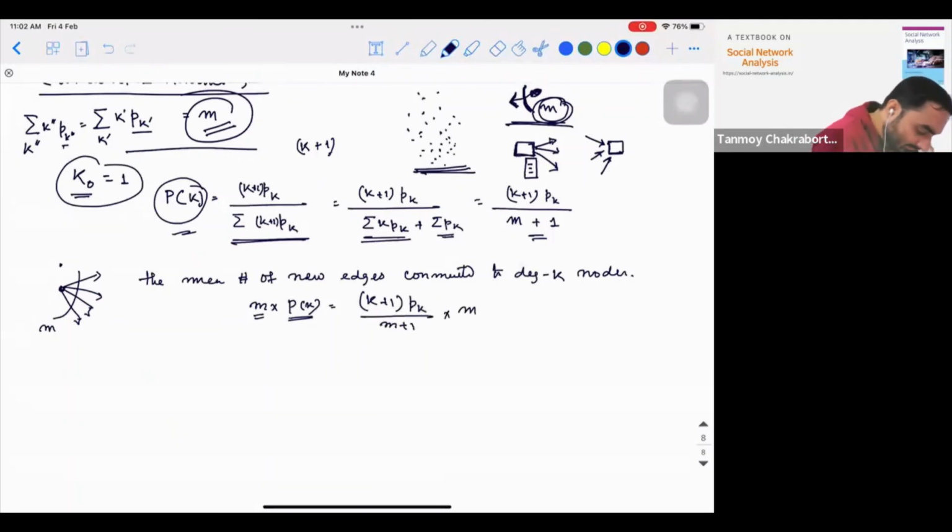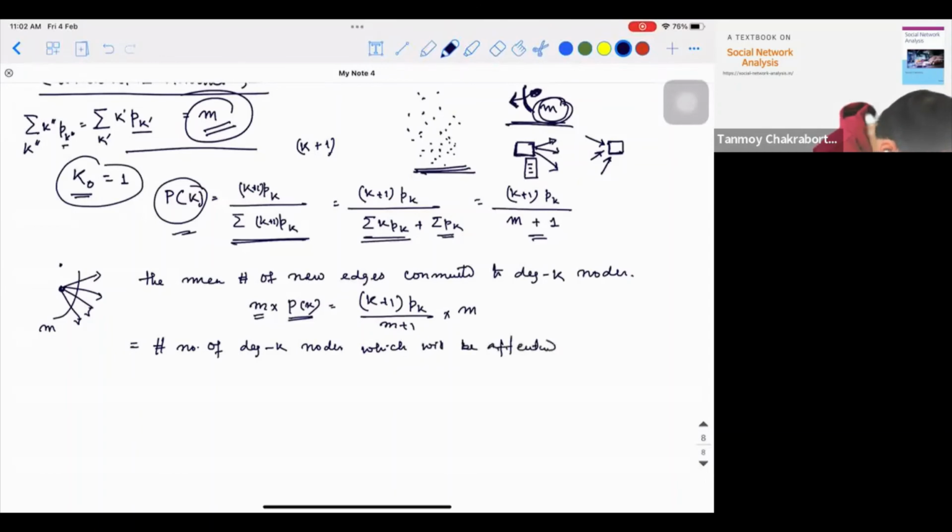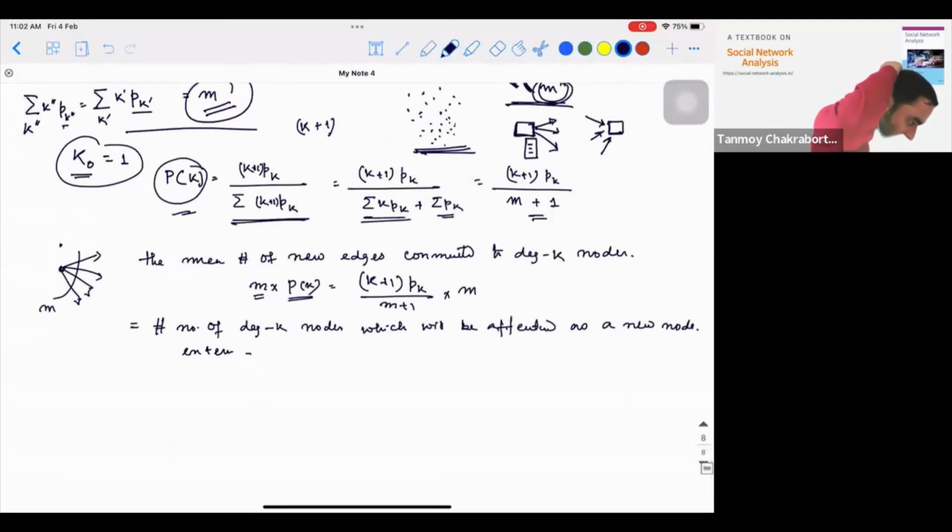So this is the same as the number of degree k nodes which will be affected as a new node enters. Okay.